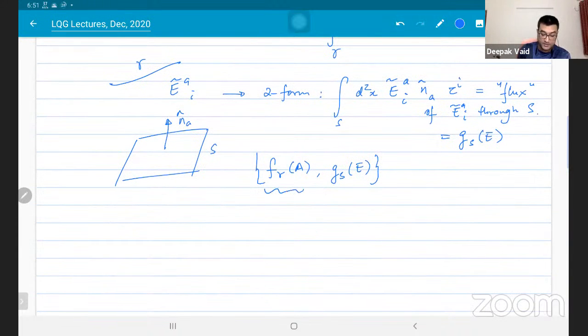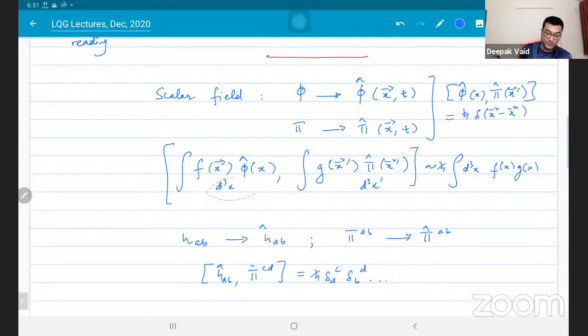Now the nice thing is that this is a one-dimensional integral. This is a two-dimensional integral. So in this Poisson bracket, the whole thing becomes a three-dimensional integral. And you don't have any regularization issues which arise due to the presence of this integration over the spatial volume in the case of the regular quantization procedure.